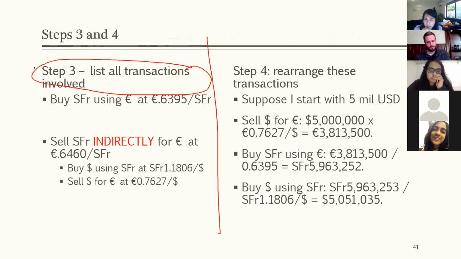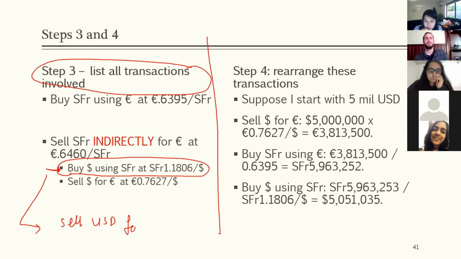In our arbitrage strategy, for the transaction that involves the Swiss franc and the dollar, what we want to do is buy the dollar using the Swiss franc. The question suggests we do the opposite, which is to sell the dollar to acquire the Swiss franc. So essentially, you want to reverse the direction of your arbitrage strategy.